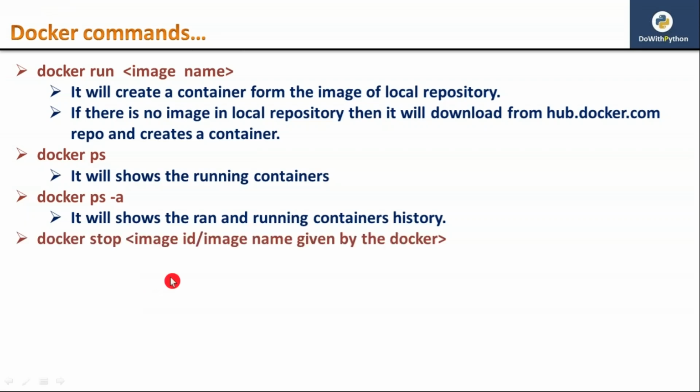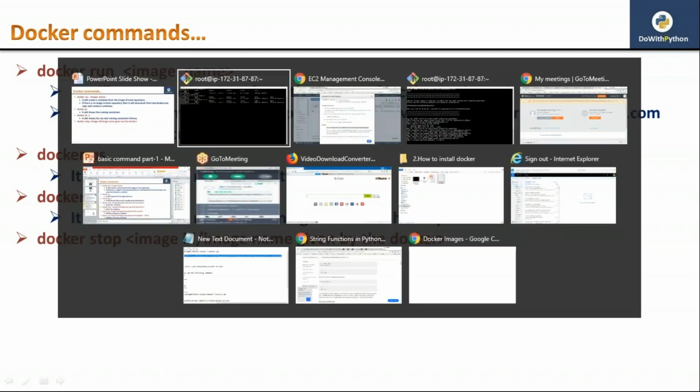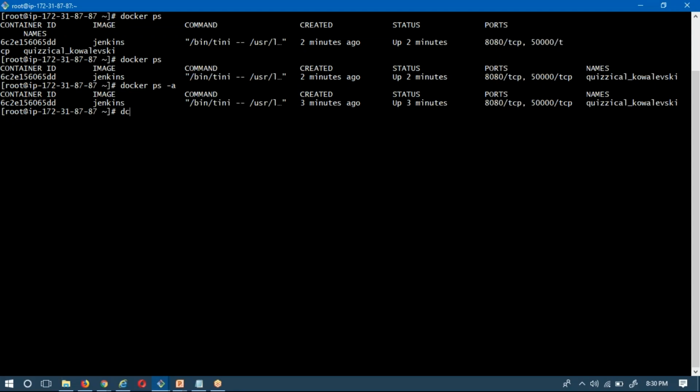Now if you want to stop your running container, you can use the command docker stop with the container id, or the name given by Docker. In case you provide some name, you can also go with that name. But the better one is the id, so docker stop id. Now I am going to use docker stop.